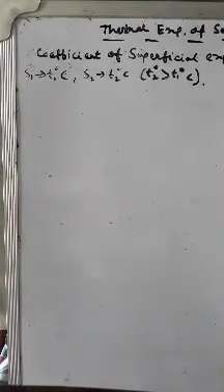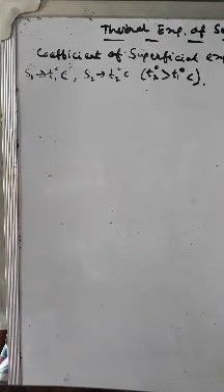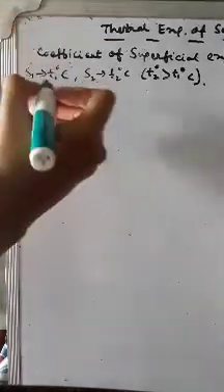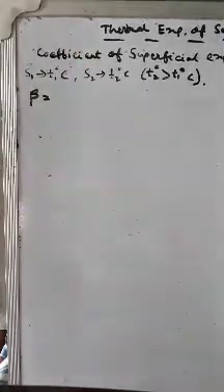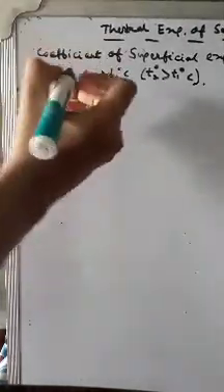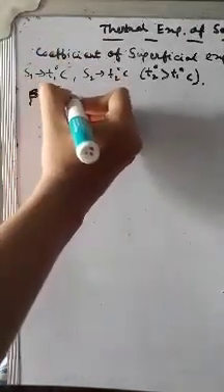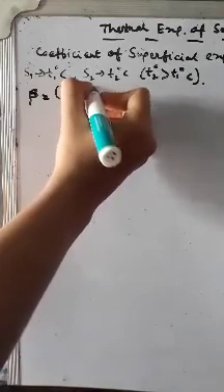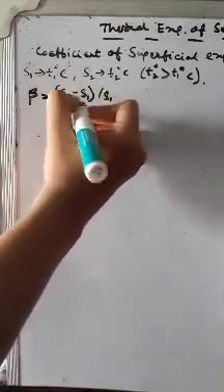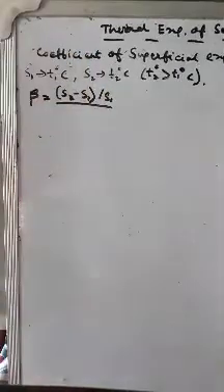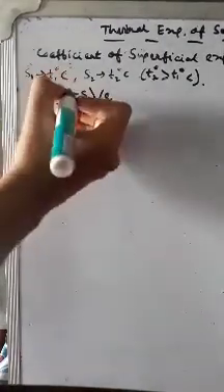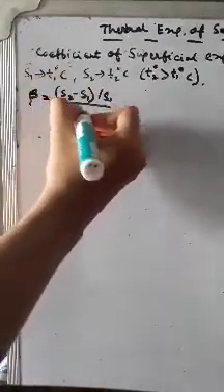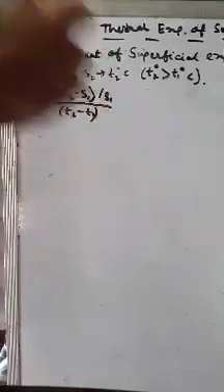So how to write the coefficient of superficial expansion? We generally write it as beta. Beta equals what? S2 minus S1 by S1, and one big division sign, divided by T2 minus T1, isn't it?